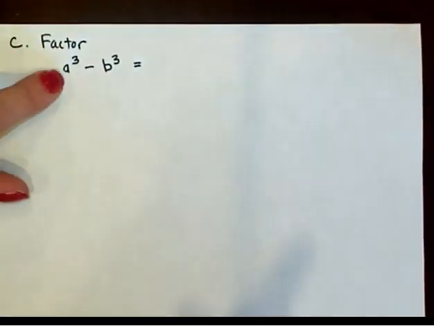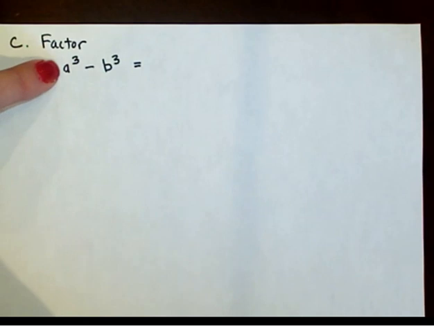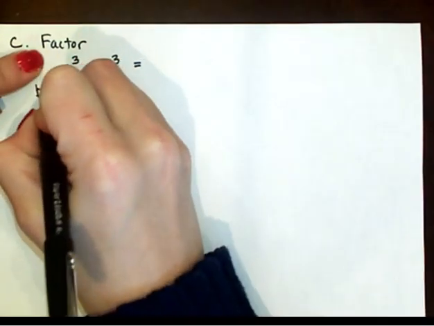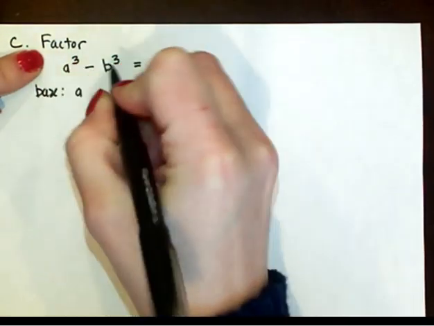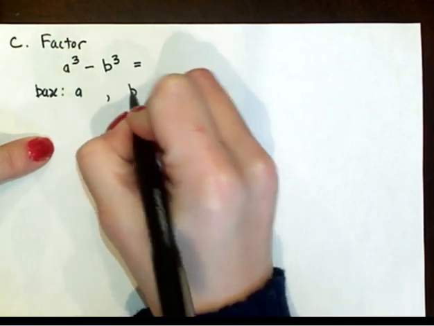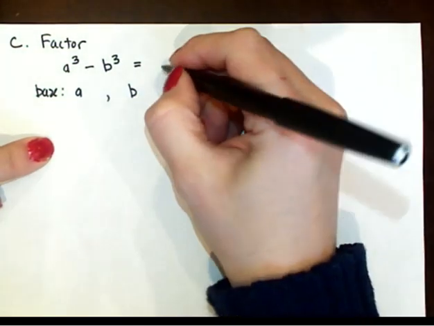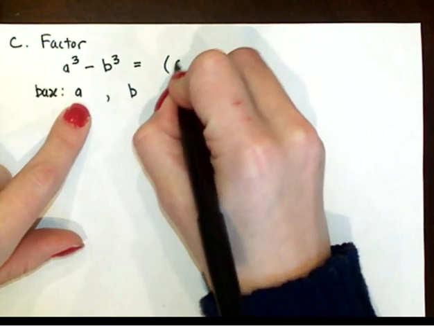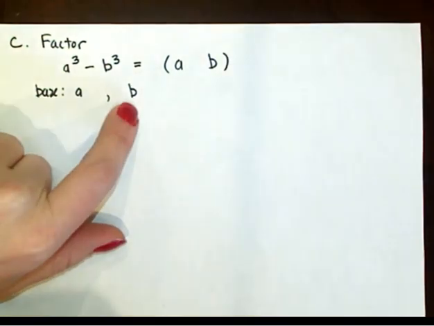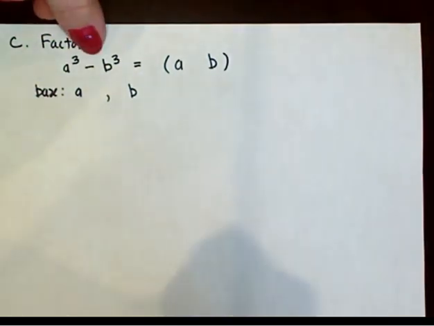Notice first that you need to consider the base. A cubed, the base is a, and the base is b. The first factor, you will copy the 2 bases over, and you will use the same sign.